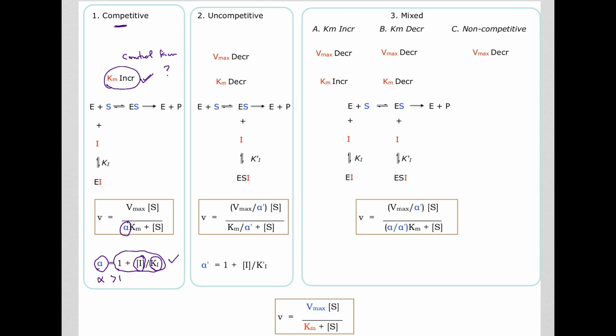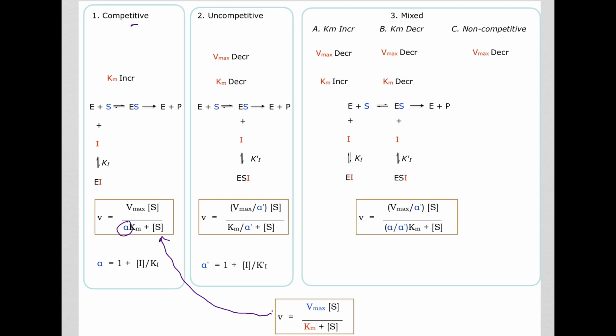So we can calculate alpha if we know I and Ki. In the presence of a competitive inhibitor, we can see that the Michaelis-Menten equation is slightly modified by putting in the factor alpha.